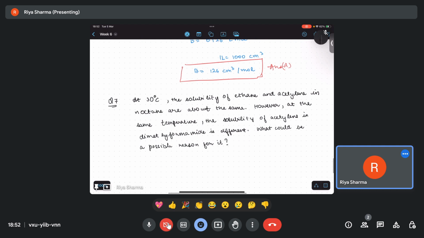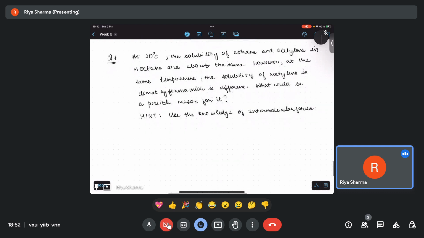So the hint is: use the knowledge of intermolecular force. I'll give you options also for this. So let's write the options. First, A is acetylene has acidic hydrogen atoms.